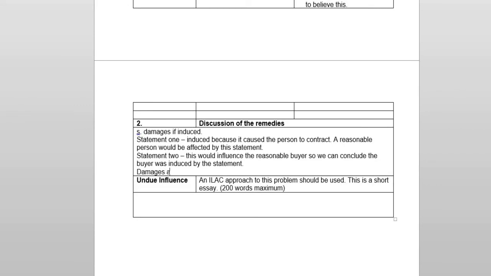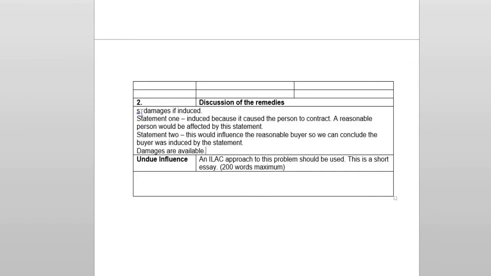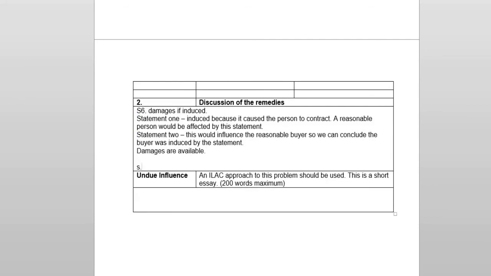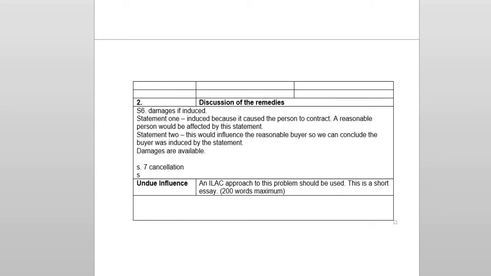So damages are available. Then you need to consider, I'll just put a 6 in there because I left the 6 out, section 6 damages. Then you need to consider section 7, which is cancellation. And so we have section 7.3a, and we should be putting brackets around those, induced as above.